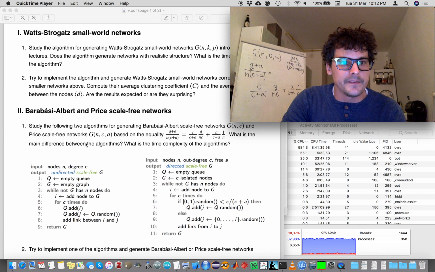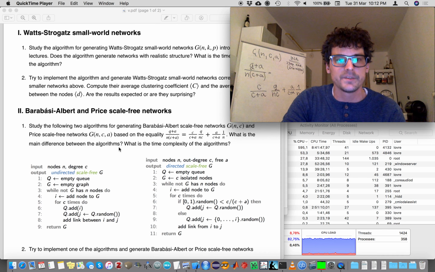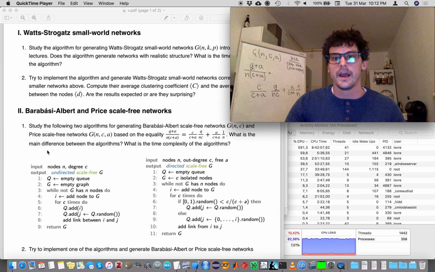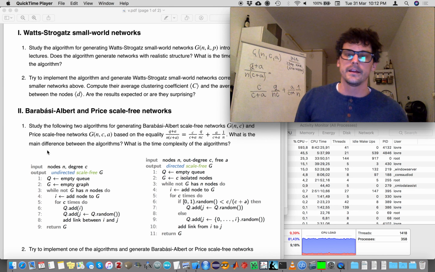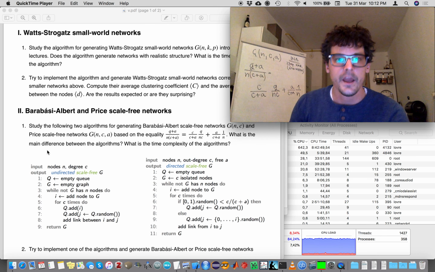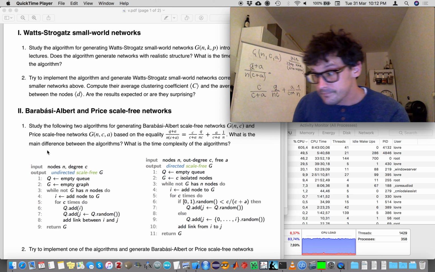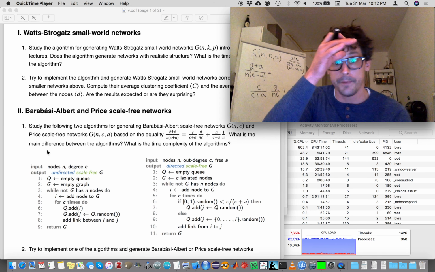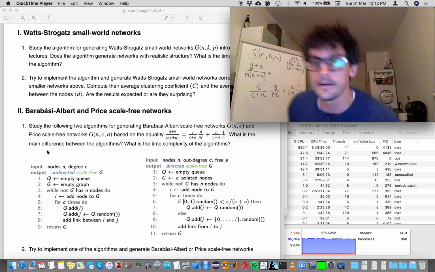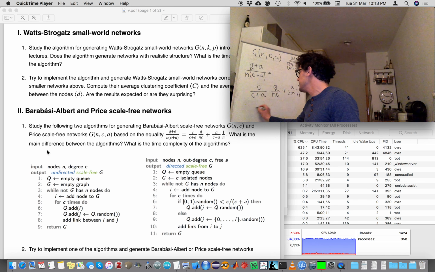So what is the main difference between the algorithms? In the first case, in the Barabasi-Albert model, we are generating a scale-free, undirected network with degree exponent 3, whereas in the second case, in the case of the Price model, we are generating a directed network where the degree exponent will be 2 plus a divided by c.